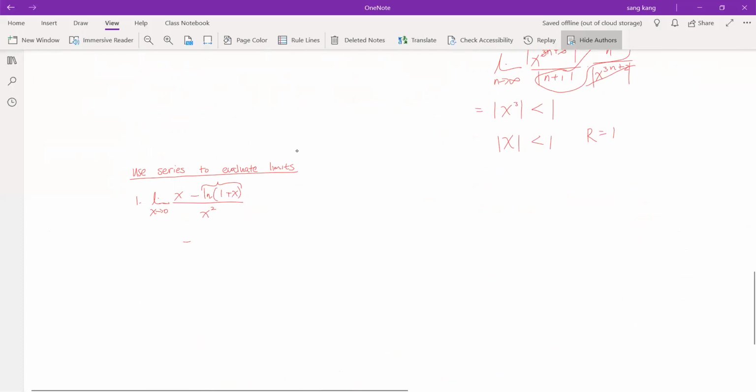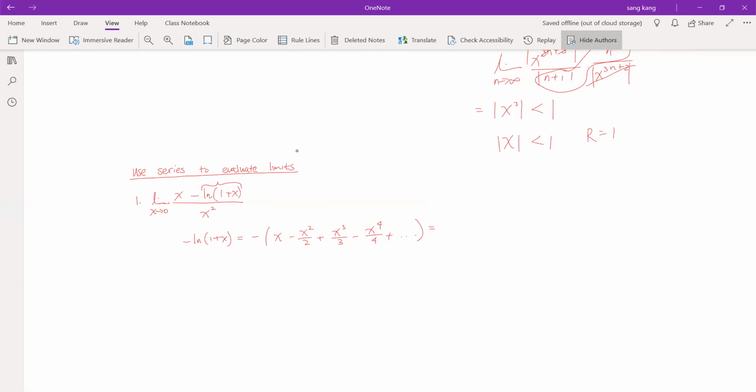We'll start with negative ln of x instead of writing it out twice. So negative ln of x will be x minus x squared over 2 plus x cubed over 3 minus x to the 4th over 4 plus dot, dot, dot.